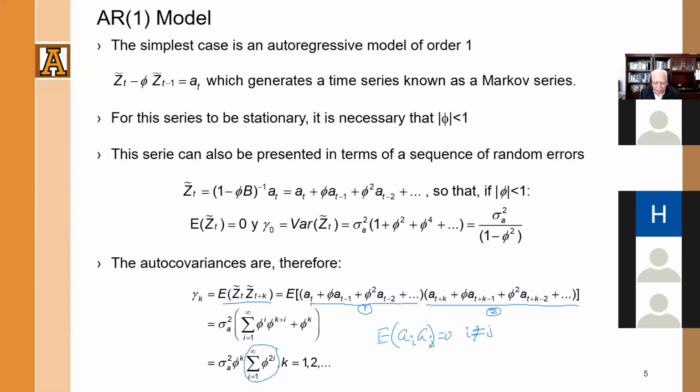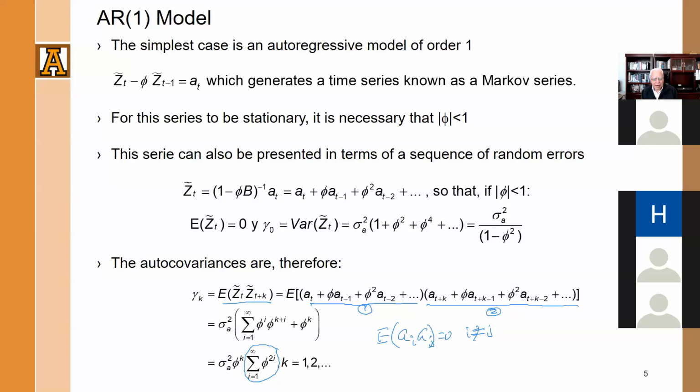Now, this will converge if phi is less than 1. Otherwise, that sum would diverge. But we're assuming here that phi is less than 1 in absolute value.